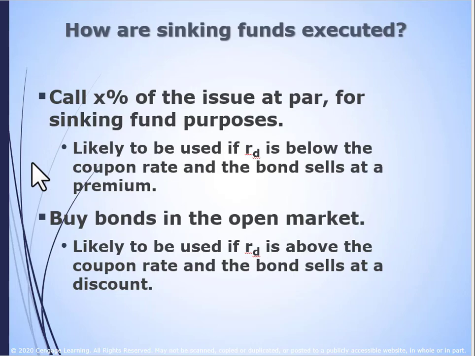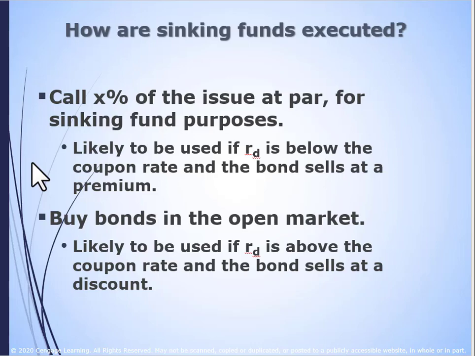Well, you could just call X% of the issue at par for sinking fund purposes, right? So likely, if the cost of debt is below the coupon rate and the bond sells at a premium, you could just call some of the debt, and that would work just as well as anything else.